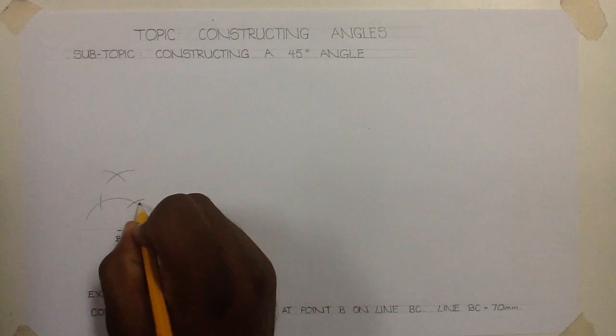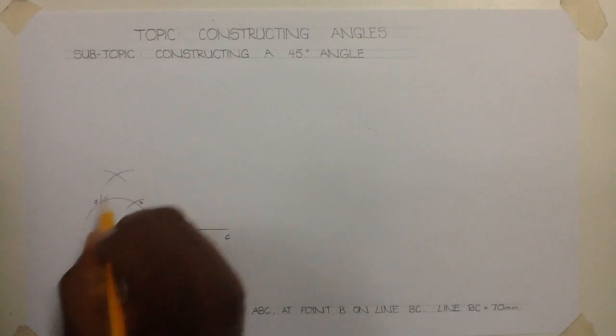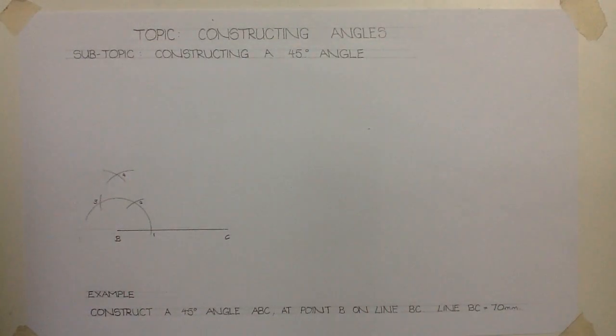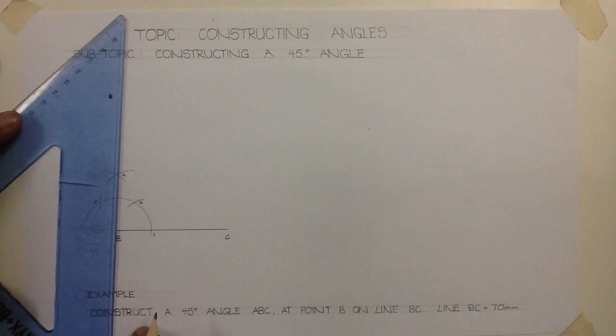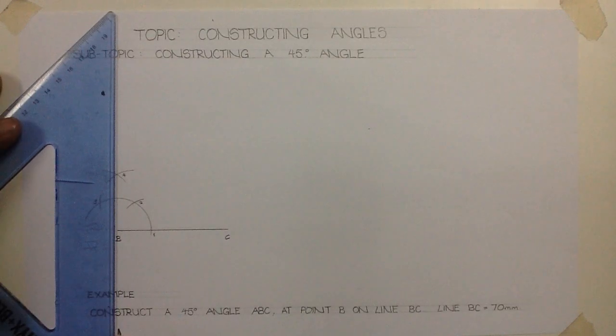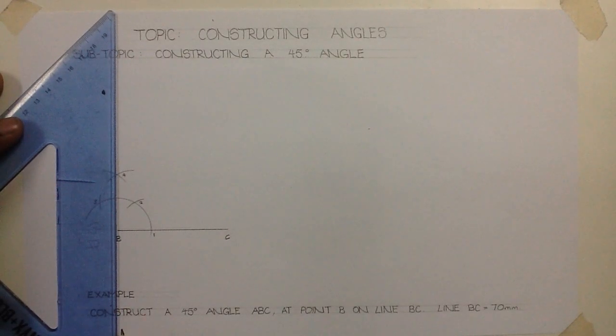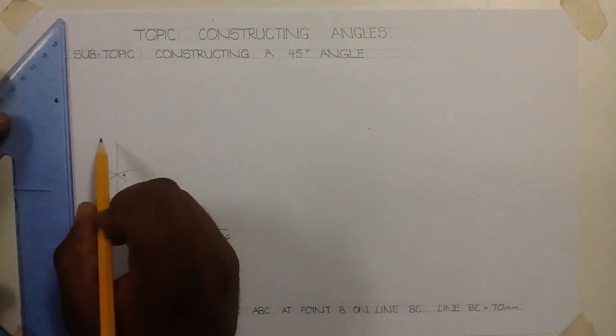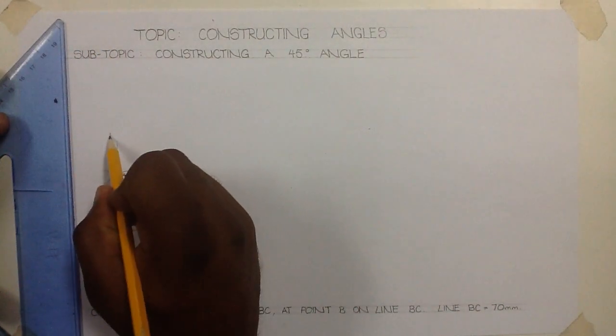Points 1, 2, 3, and 4. Our 90-degree angle line drawn through point 4 from point B. And let's label that W.